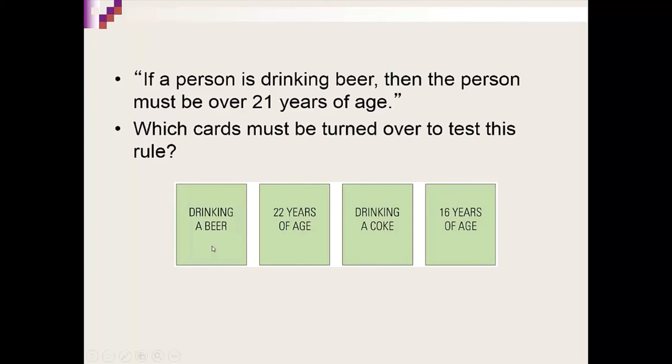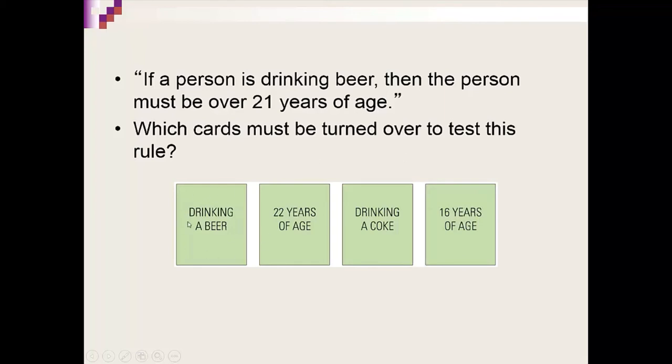So the card has information about what a person is drinking on one side, and then it has information about their age on the other side. And when participants are given a problem in this format, we tend to be pretty good at figuring out which cards you need to flip over to see if this rule is being followed.